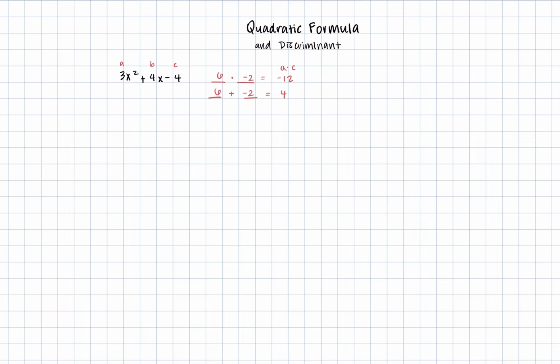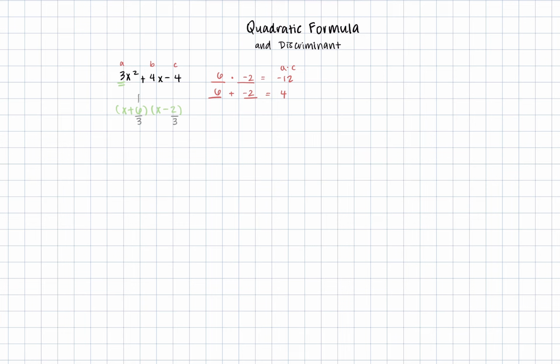Perfect. Now that we have this, we can set our factors in parentheses: x plus 6 times x minus 2. Now, we're not done yet because we have a leading coefficient here. When we have a leading coefficient, we have to remember to divide both factors by that leading coefficient.